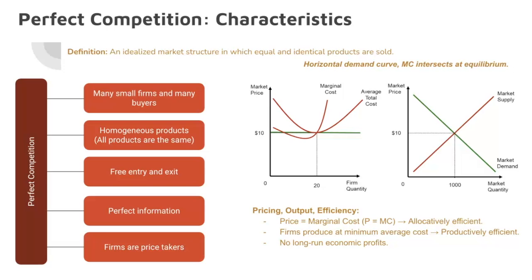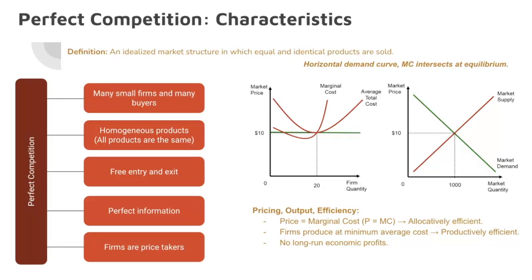Third, there is perfect information, meaning all buyers and sellers have complete knowledge of prices and products. Fourth, there are no barriers to entry and exit, allowing firms to freely enter or leave the market. Fifth, and most importantly, firms are price takers. They must accept the market price and face a horizontal demand curve.